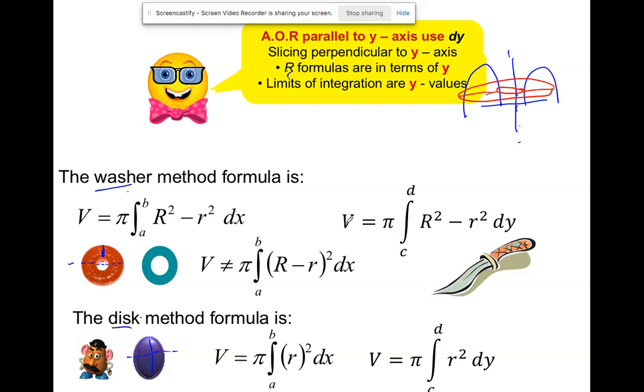Right? You have your lifesaver, and your strip is pointing at the axis of rotation. As long as your axis of rotation is the y-axis or parallel, your strip is perpendicular to it, then your big R or your little r formulas are in terms of y, and your limits of integration are y values.